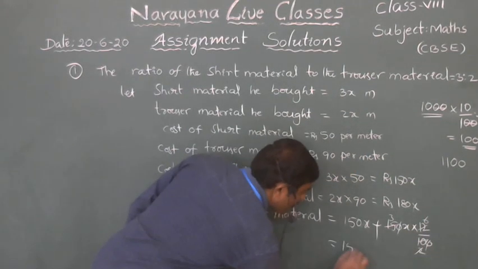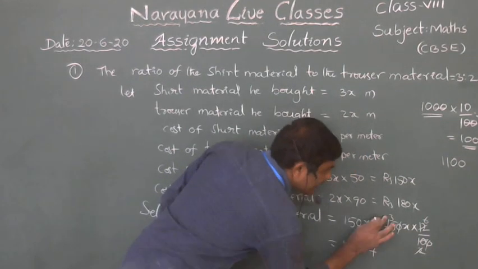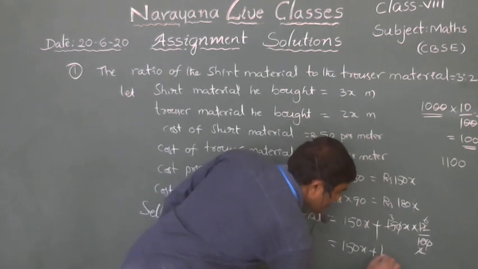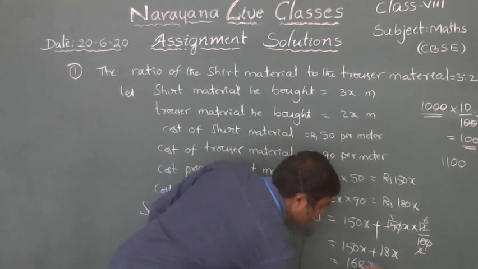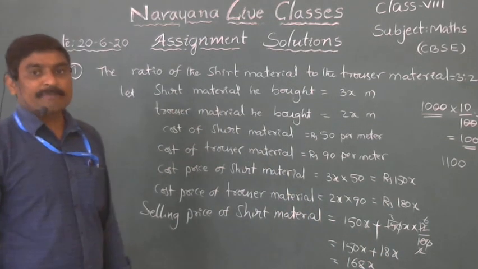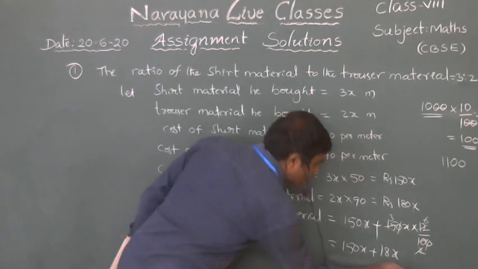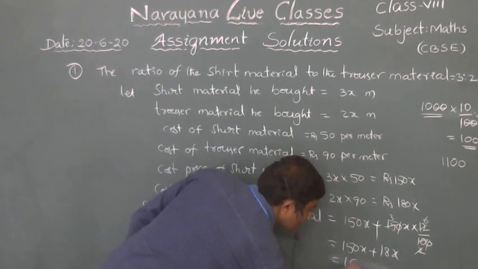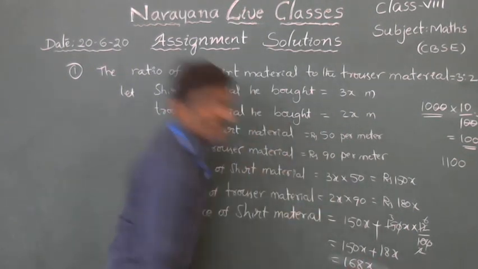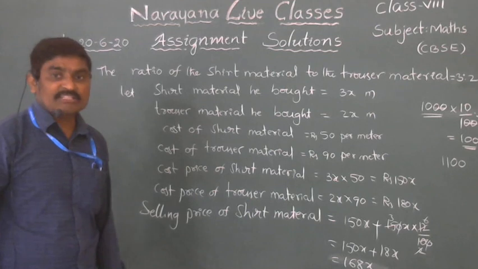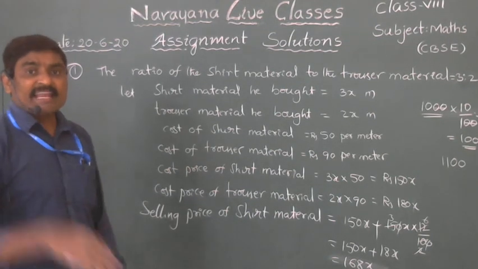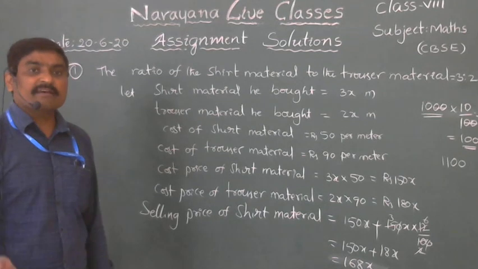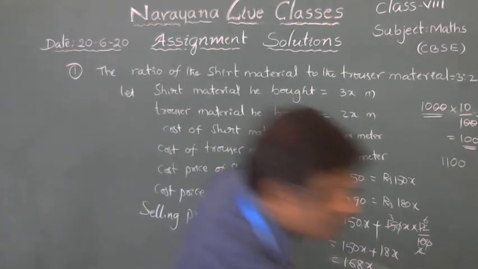That is equal to 150x plus 3x into 6, which is 18x, equal to 168x. So the selling price of the shirt material is 168x rupees. In the same way, let us find the selling price of the trouser material.